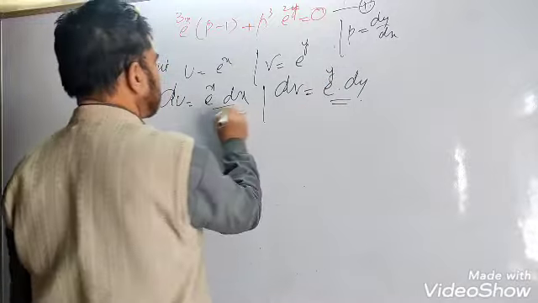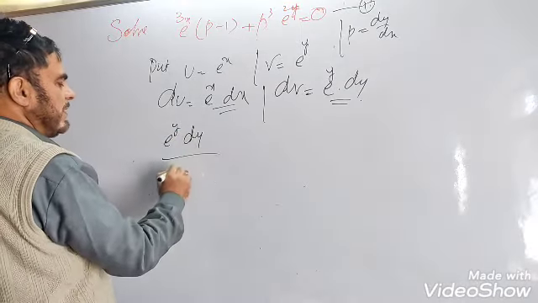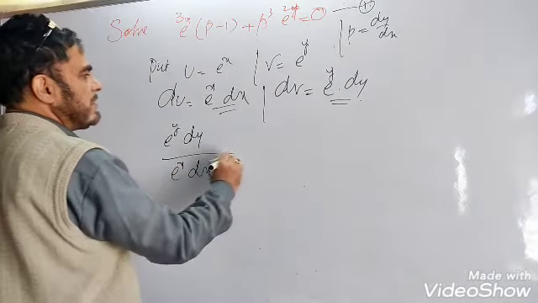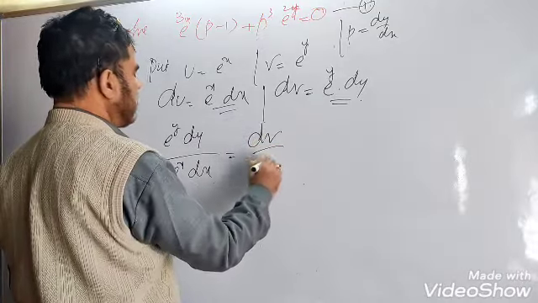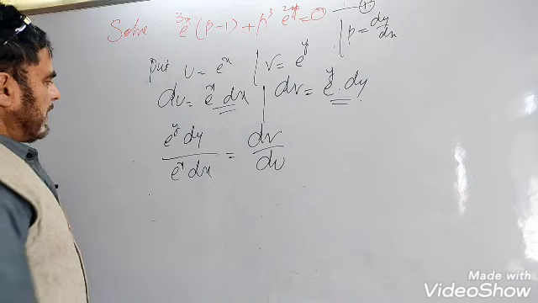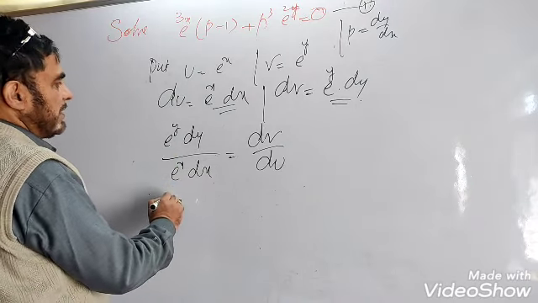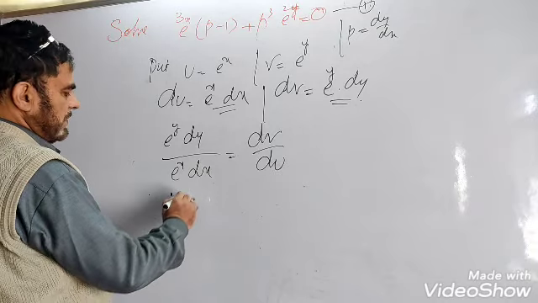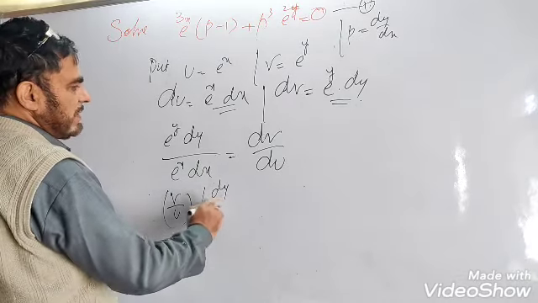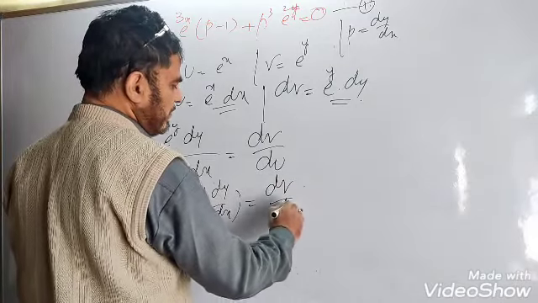By dividing, this gives e raised power y dy by e raised power x dx is equal to dv by du. Now this is your v, this is your u, so v by u times dy by dx is equal to dv by du.